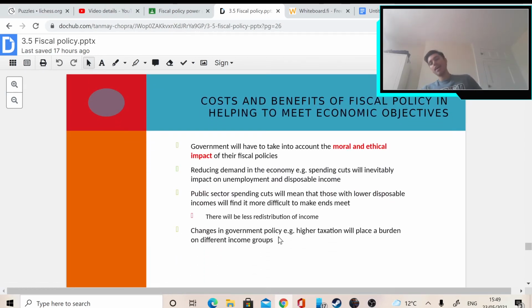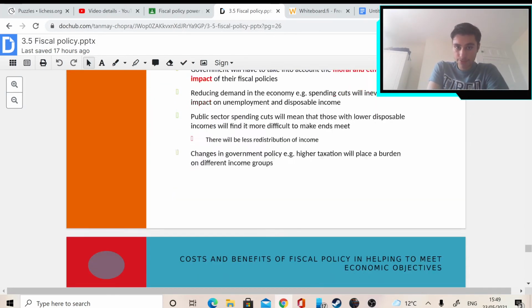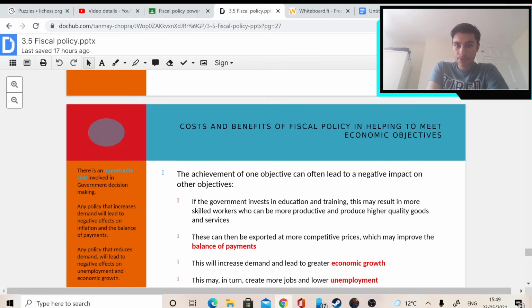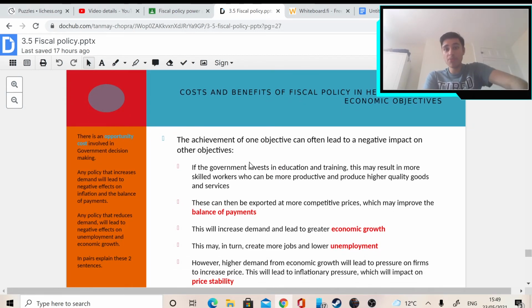Now, taxation and budget measures, like budget surplus and deficit, can achieve certain economic objectives, but there would be cases where they have to compromise with the other ones. I'll give you an example. The achievement of one objective can often lead to a negative impact on other objectives.